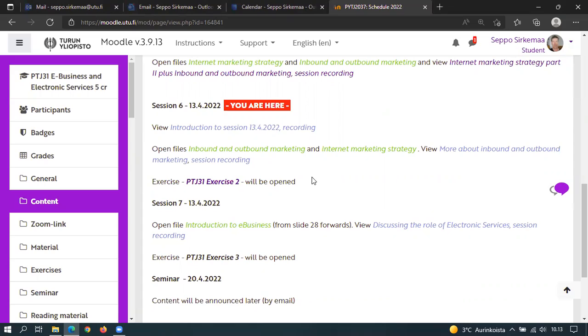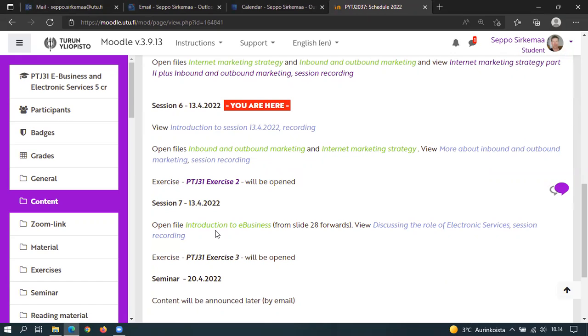So just to give you a short introduction to the session today, the idea is to look at the remaining files. Actually, there are quite a few files that have not completely been viewed thoroughly. So the files Inbound and Outbound Marketing and Internet Marketing Strategy, we have been looking at those files already in the last session, but the idea is to continue and go to the end of the files, and also to look at the remaining slides in the file Introduction to e-business.